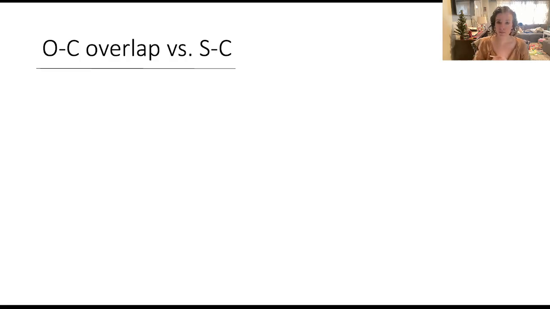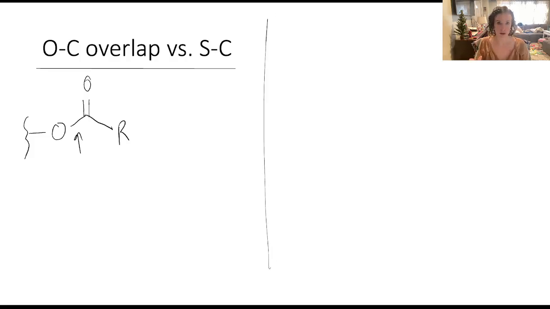I'll try to compare this thioester bond to your regular ester containing oxygen. So in the ester bond, we're looking at the bond between oxygen and carbon, and the overlap here of the orbitals is ideal.